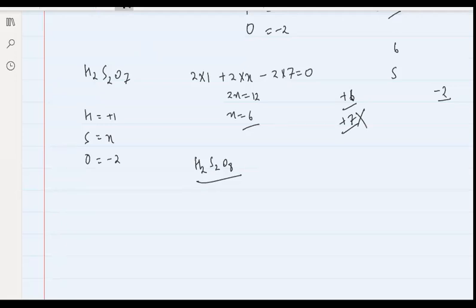Tell me, everyone. If you remember the structure of H2S2O7, it was like this. Wait, this was a double bond. Wait, I have made some mistake which I will show.